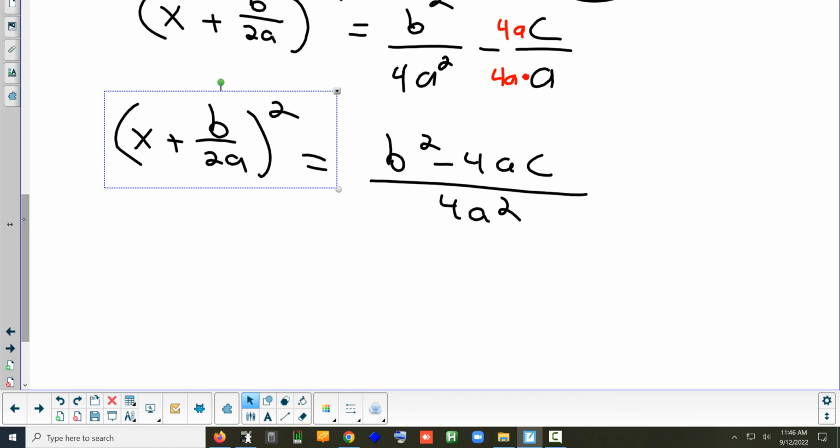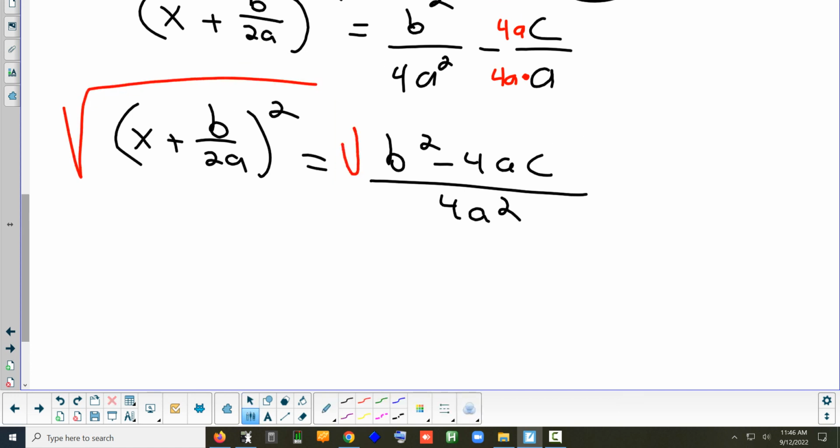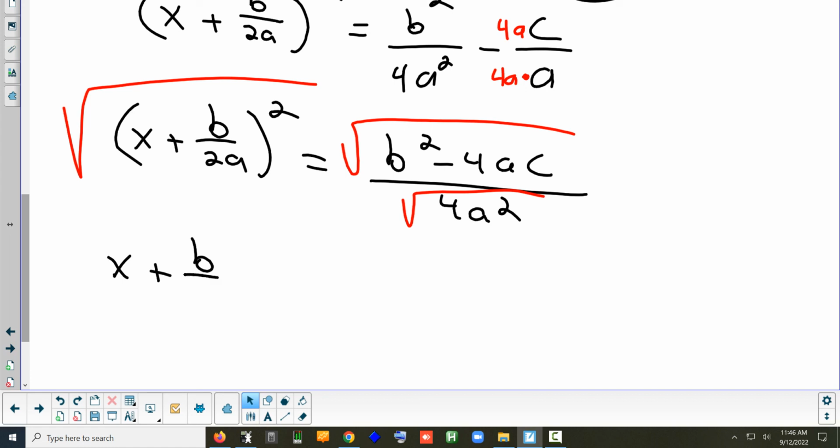And remember, when you square root a fraction, you do the top and the bottom separately. So now we have x plus b over 2a equals, well, you can't really do anything with the top. That's the square root of b squared minus 4ac over, what's the square root of 4?